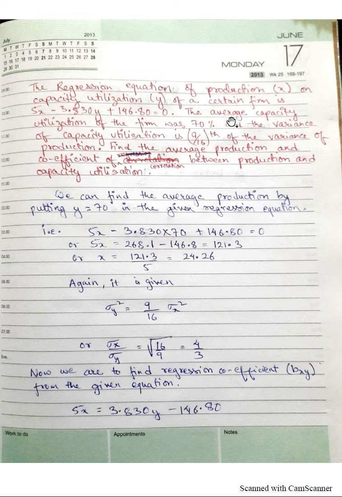Now we are also given the average capacity utilization, that is average of y equal to 70%, and the variance of capacity utilization, that is variance of y, is equal to 9/16 of the variance of production. It means that the variance of y is equal to 9/16 of the variance of x. So find the average production and coefficient of correlation between production and capacity utilization.